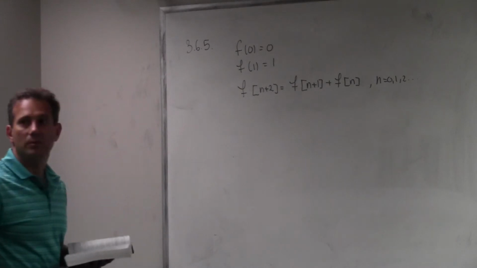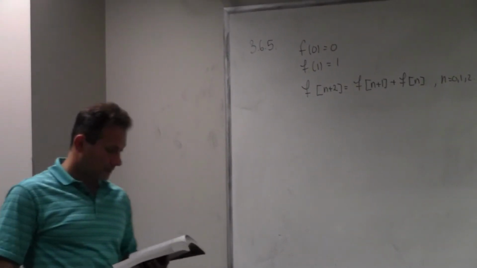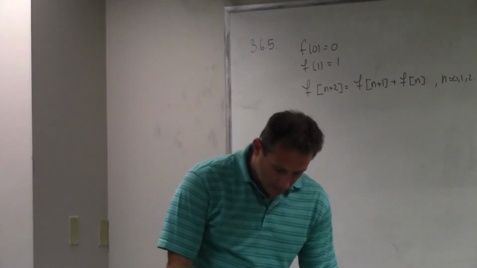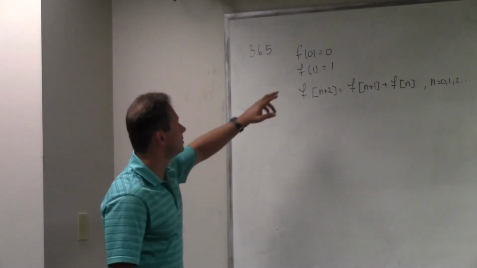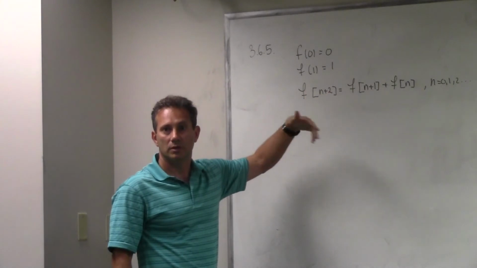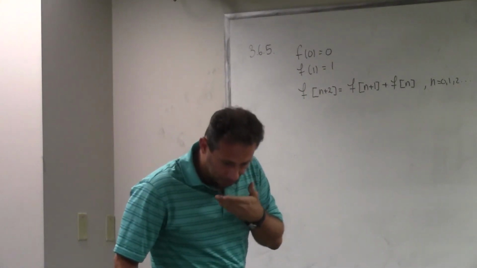That's how we define Fibonacci numbers. Each one is the sum of the previous two, right? So if you look at 0, 1, the next one is going to be 1, then the following is 2, then 3, and so on.